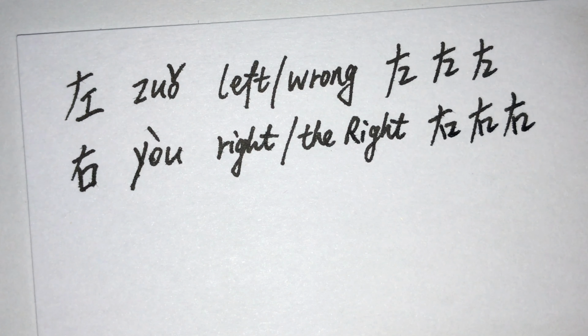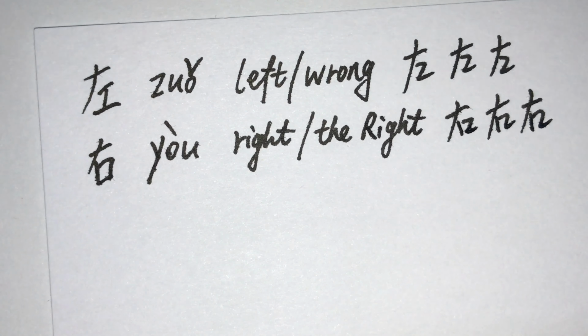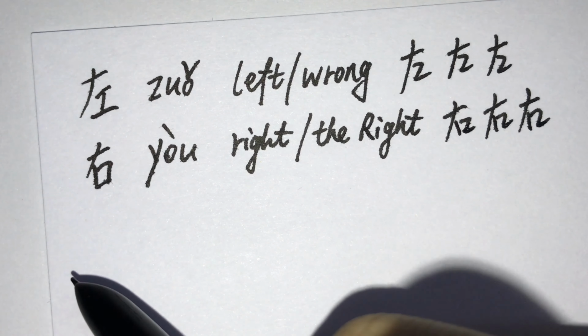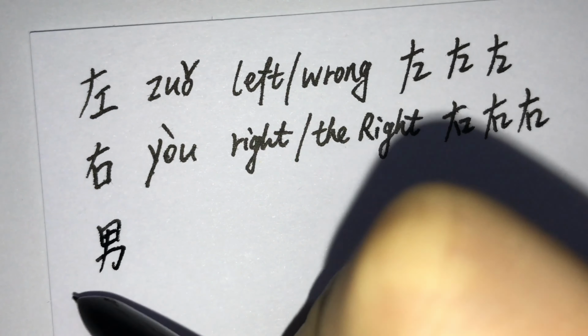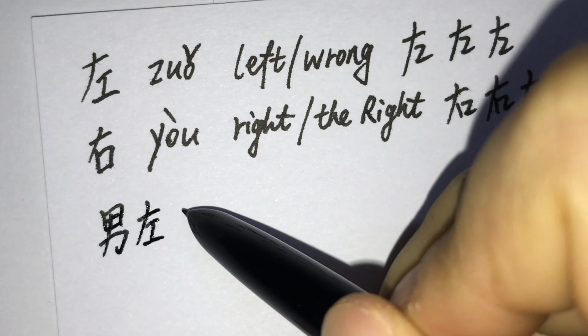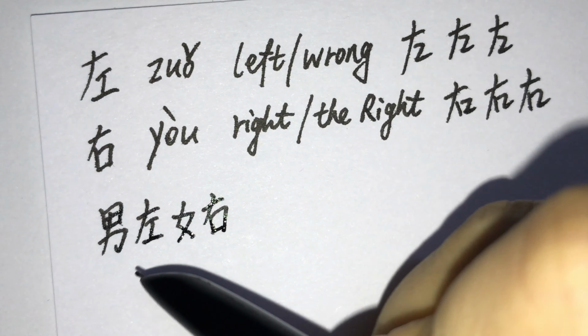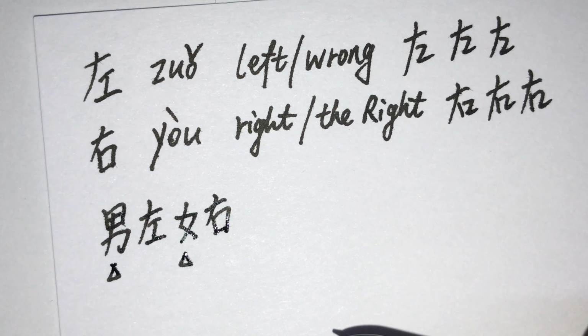Okay, here comes a Chinese four-character idiom. 男左女右. Men and women. Why?